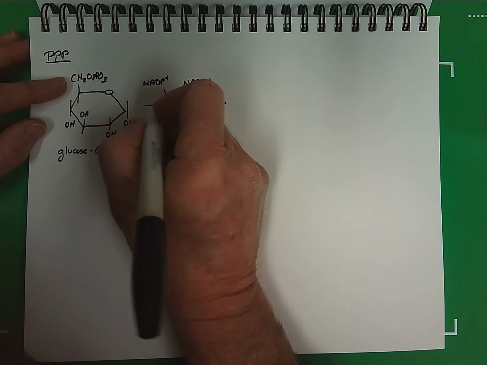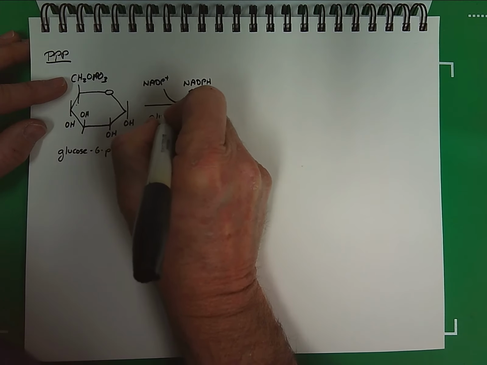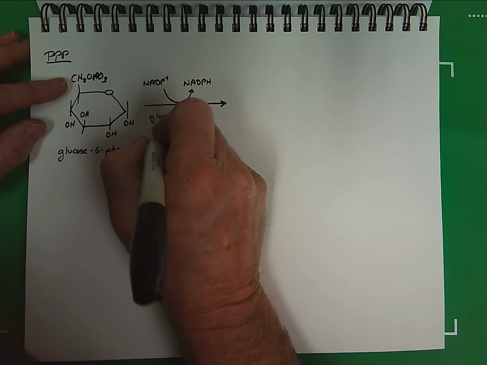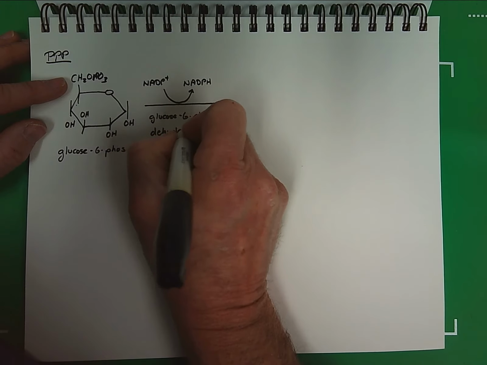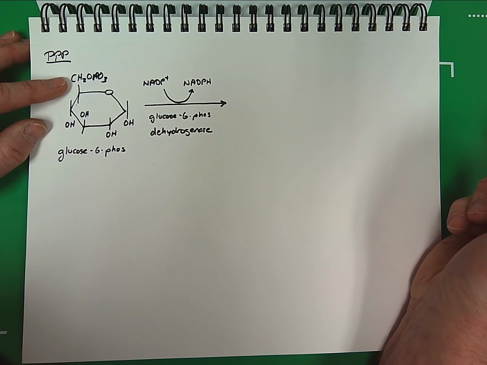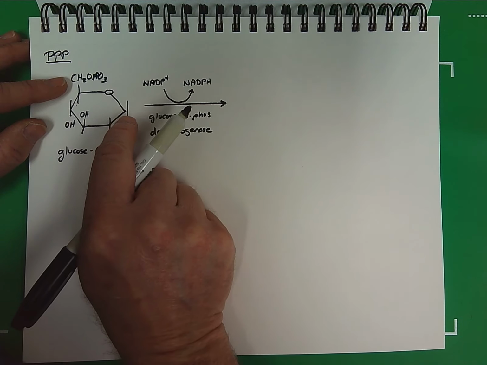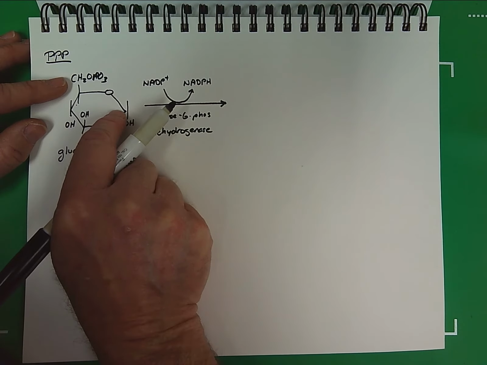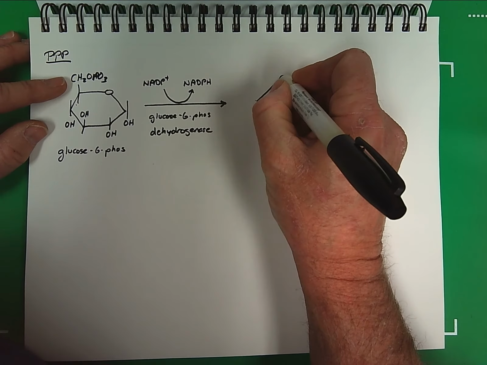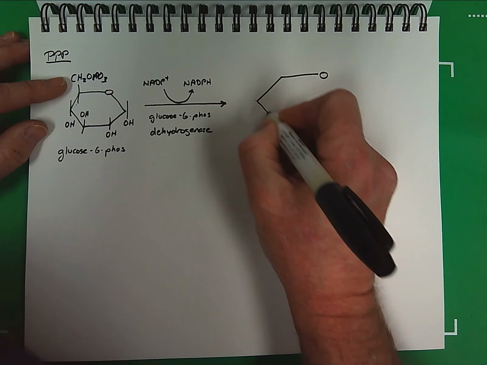The enzyme that does this is called glucose 6-phosphate dehydrogenase. The carbon that we are oxidizing is the number 1 carbon. And so with that, we are forming this structure.